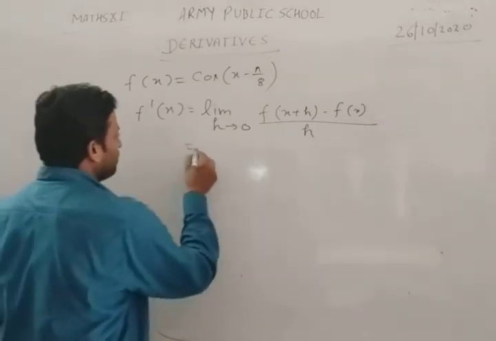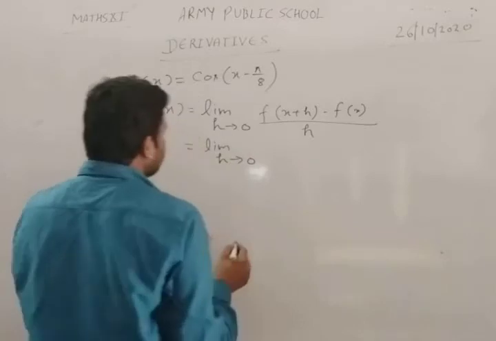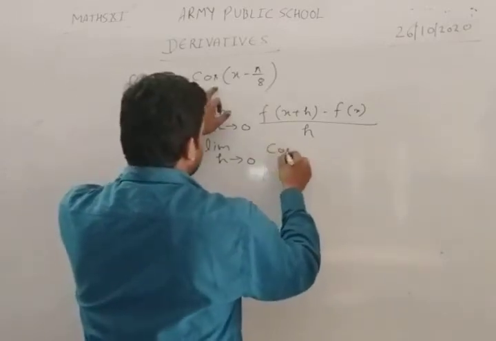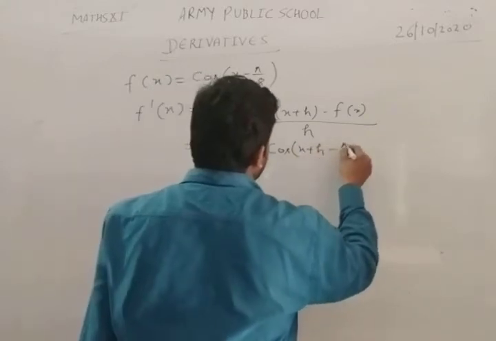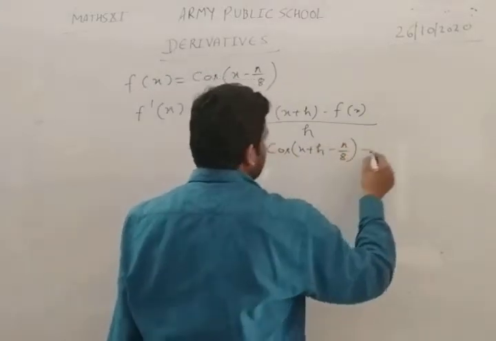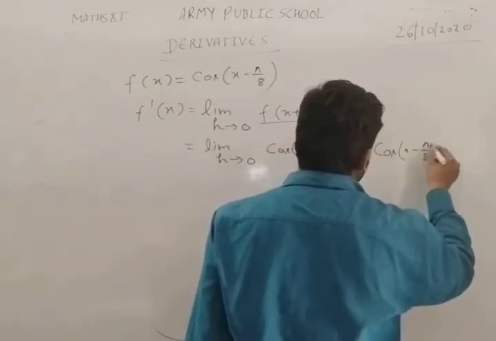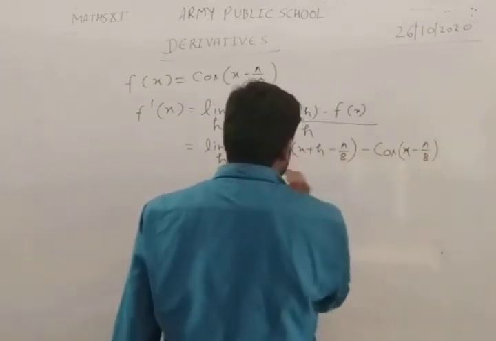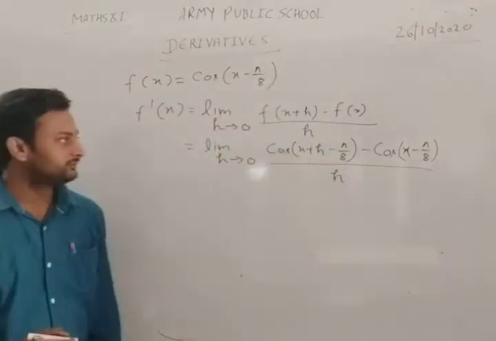Now we put the value of the function: limit h tends to 0 [cos(x + h - pi/8) - cos(x - pi/8)] and divided by h. We can write this.